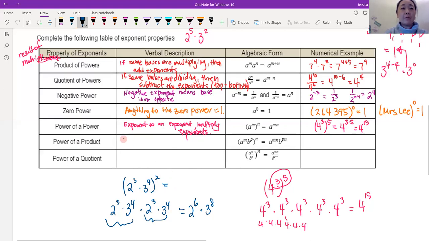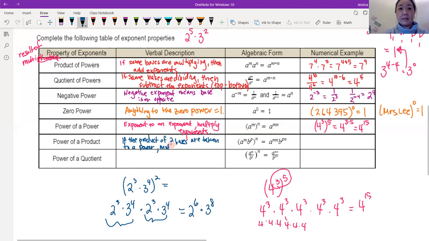So when we have, let's see, if the product of 2 bases are taken to a power, so you're going to multiply.